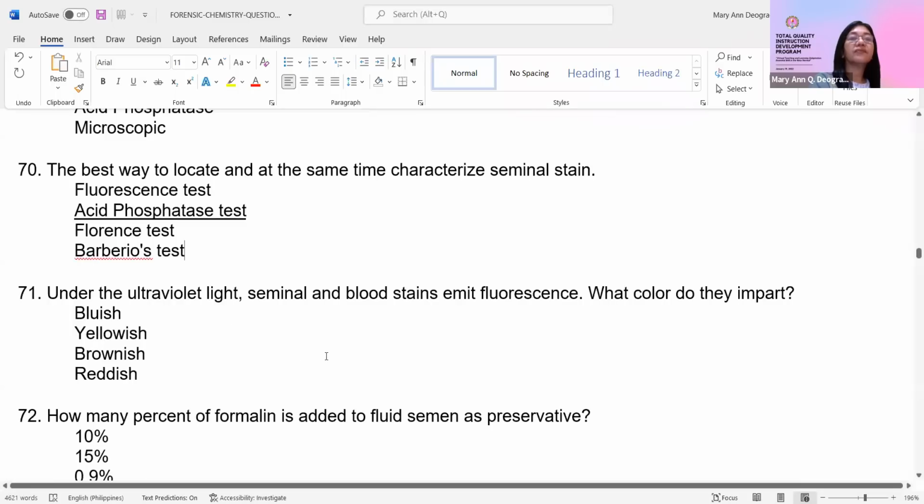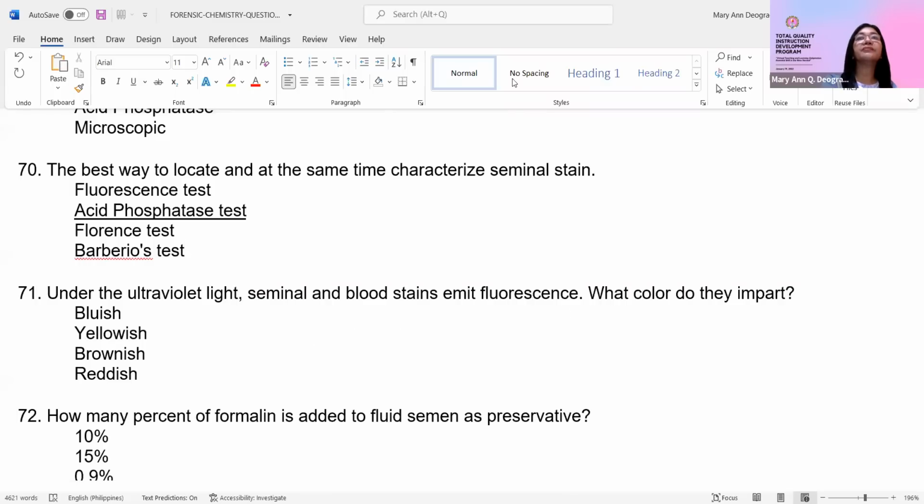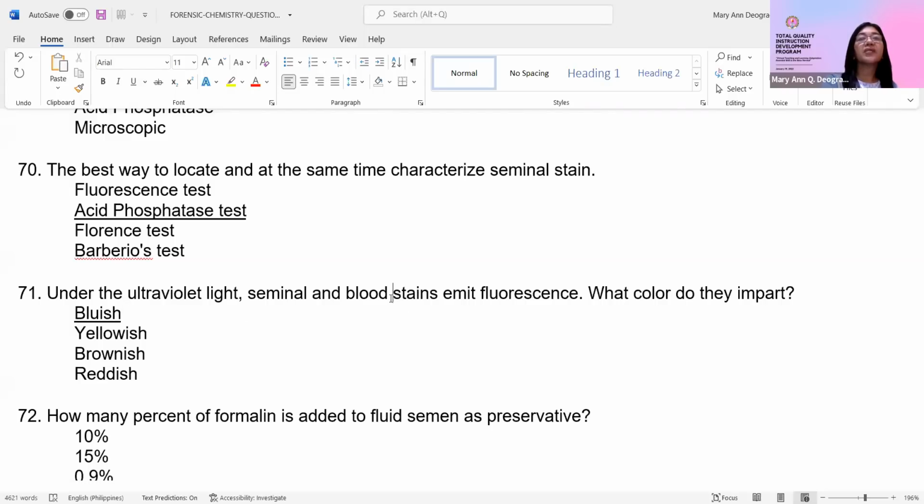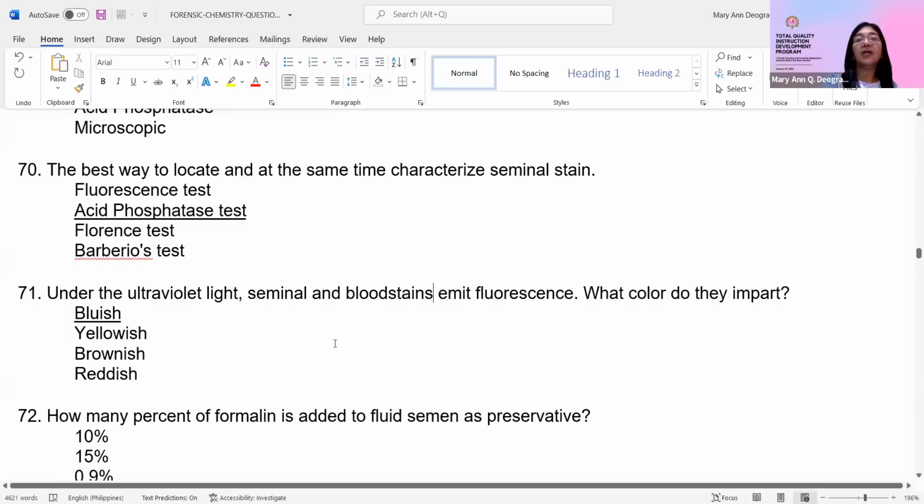71. Under the UV light, seminal and blood stains emit fluorescence. What color do they impart? Okay, letter A. Okay, bluish. So, tandaan niyo yung mga bluish fluorescence ha. Ano yung mga yon? Semen, blood stains, tsaka animal fibers.